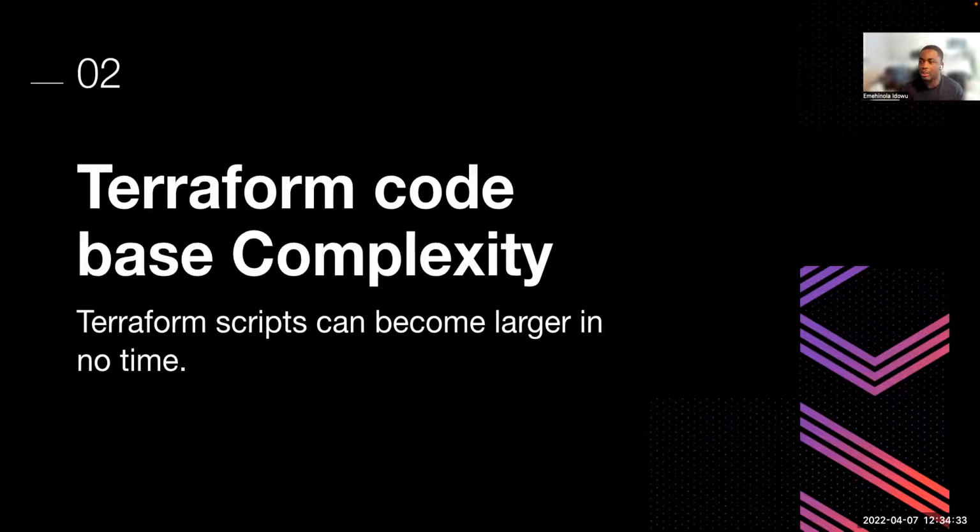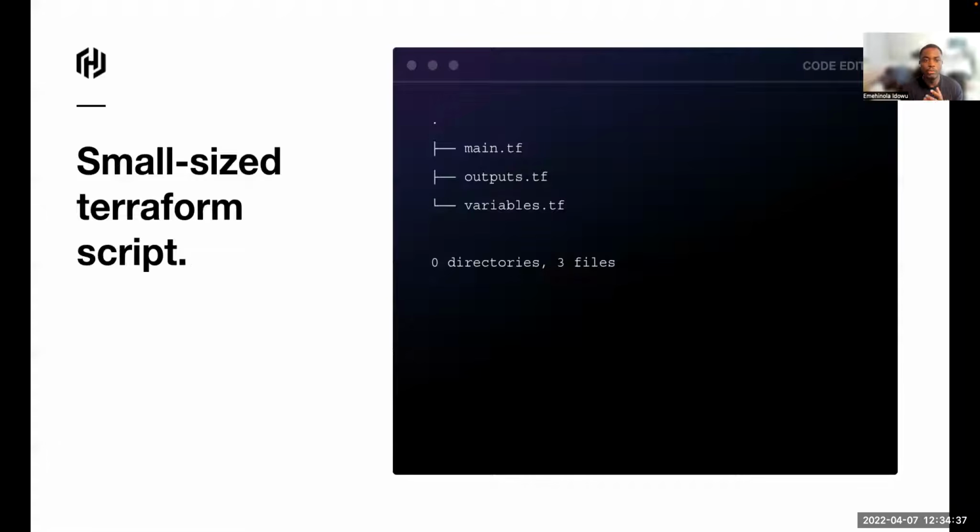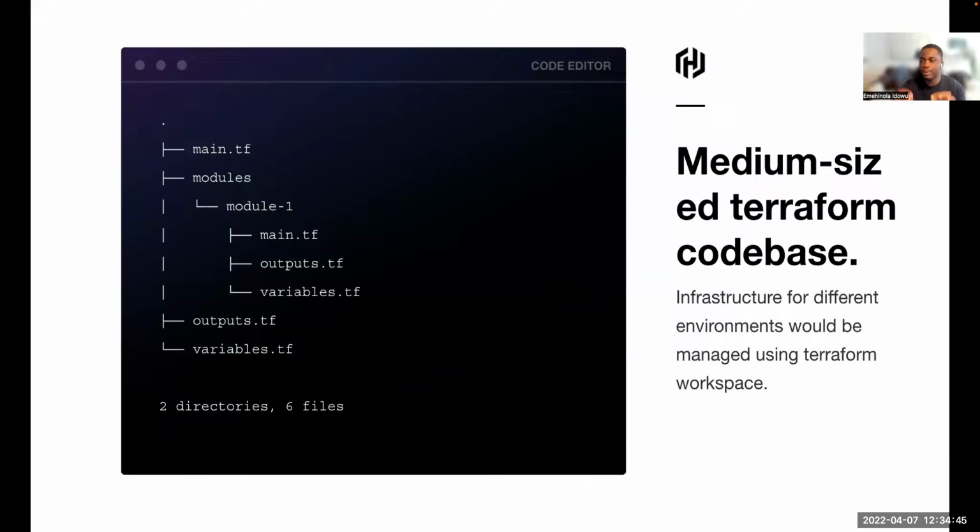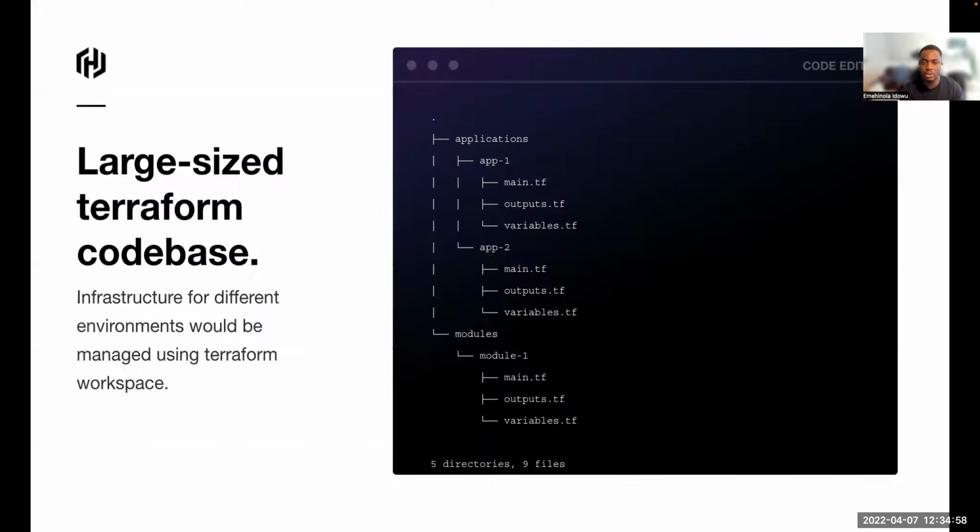So gradually, your Terraform script begins to grow, and you move from a small size Terraform script where you just have main.tf, output.tf, and variables.tf, just 3 files, to a medium-sized Terraform code base where you need to manage infrastructure with Terraform workspace, you start creating modules and things like that.